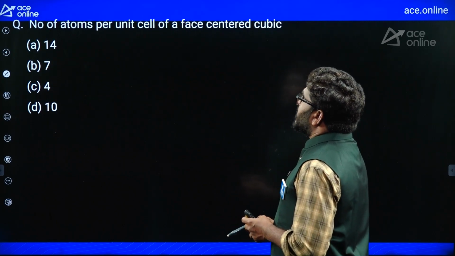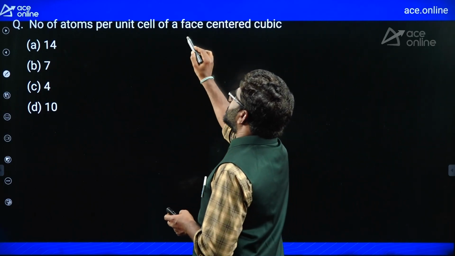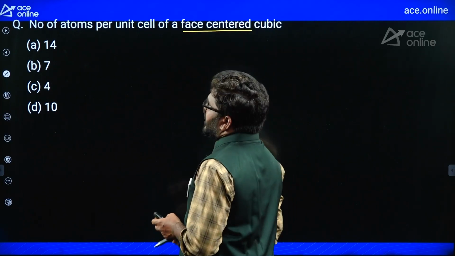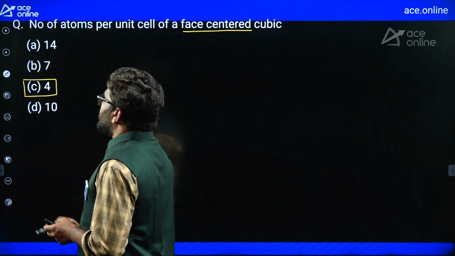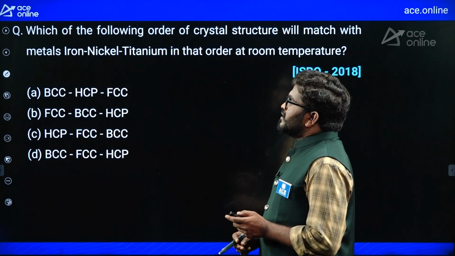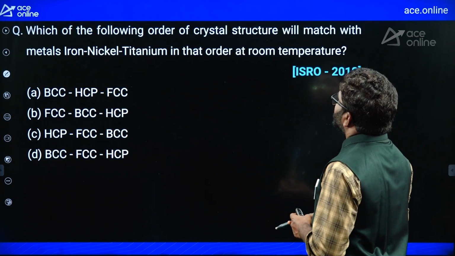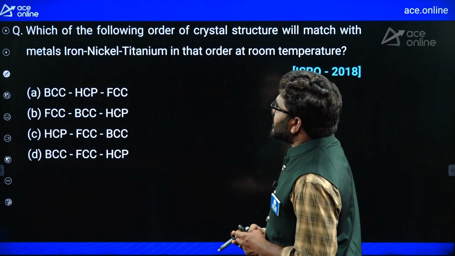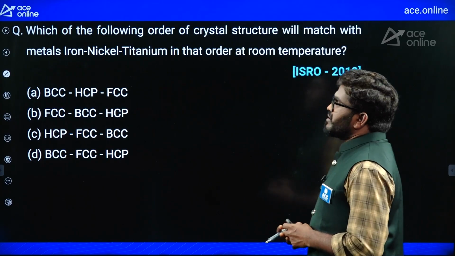Number of atoms per unit cell of a face-centered cubic. The FCC structure has 4 atoms. C is the correct answer. Then, which of the following order of the crystal structure will match with metals iron, nickel, titanium in that order at room temperature?